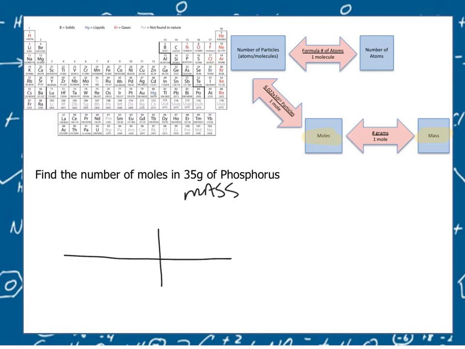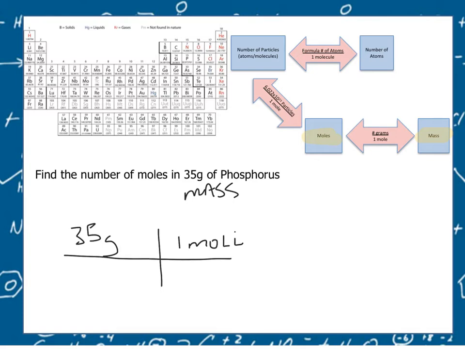Whatever number the problem gives you always goes in the top. So I have 35 grams. And so now I need to use this ratio, and I need to set it up so that if I have grams in the top, the grams need to go in the bottom. So I actually need this one flipped from how it was written. So 1 mole.